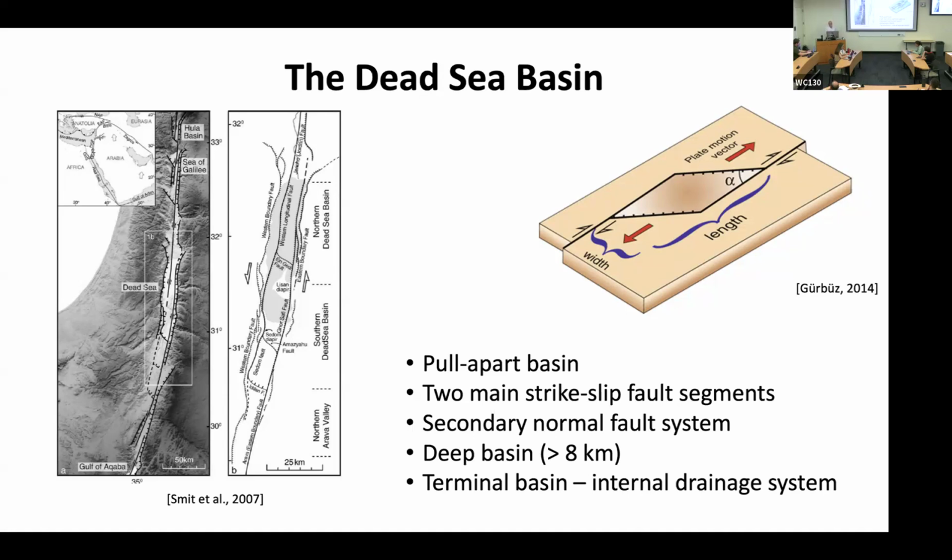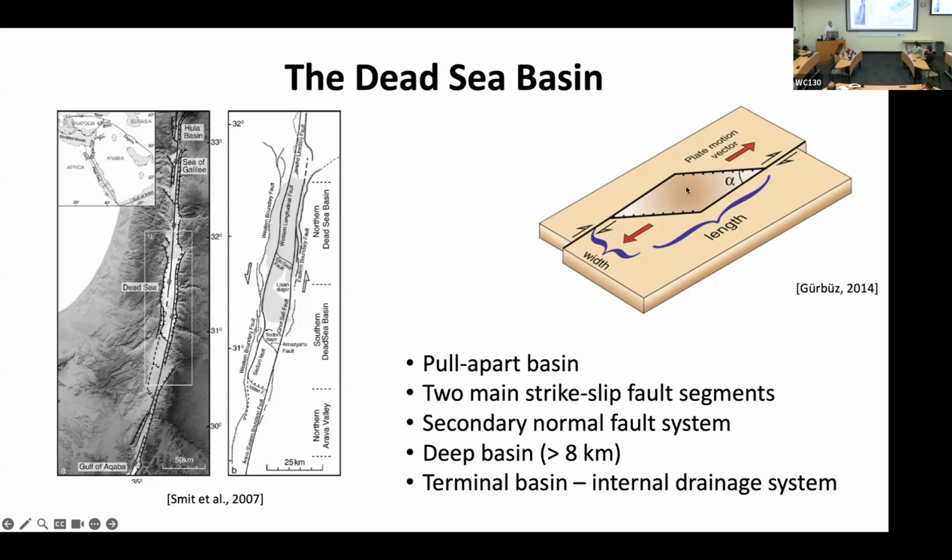But why does this big hole open in the crust? We call it a pull-apart basin. Basically, there are two strike-slip faults, horizontal faults that move. They are more or less parallel to one another, and because of the geometry, there is displacement over here, and a basin forms.